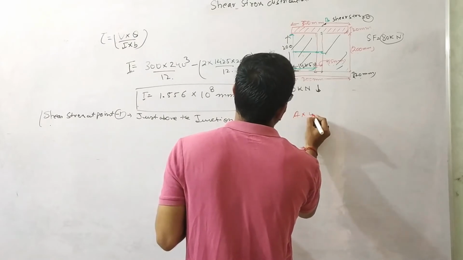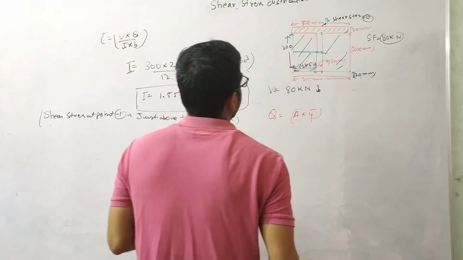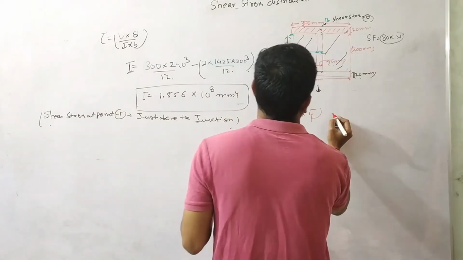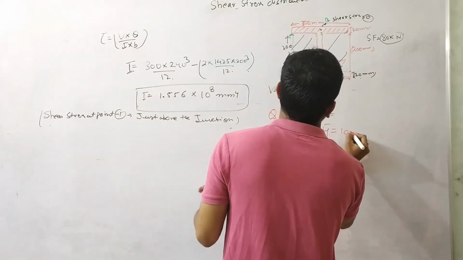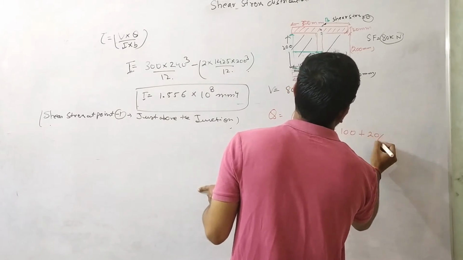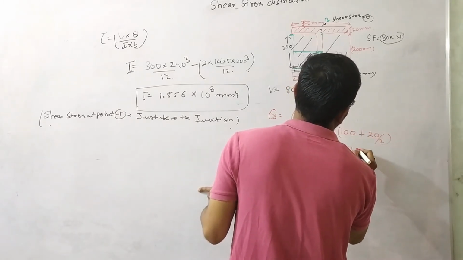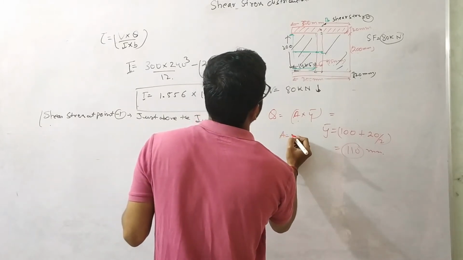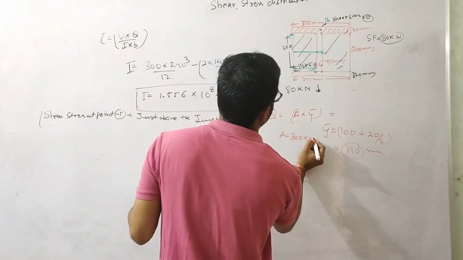Q is A into Y bar. The Y bar for this portion is 100 plus 20 divided by 2, so this will be 110 mm, and the area is 300 into 20.